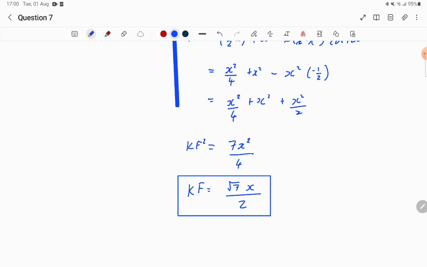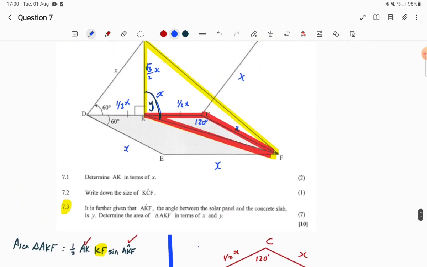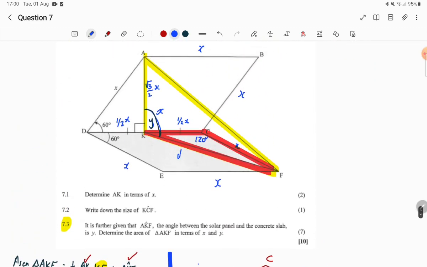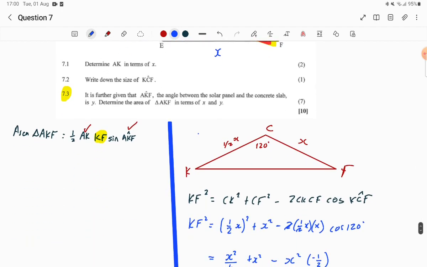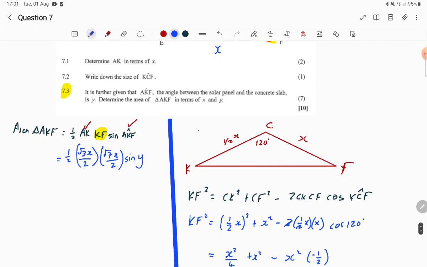As you can see, now we get KF in terms of x. Now we can take this answer and put it back onto our diagram. So this is root 7x divided by 2. Now we can go ahead and work out the area of triangle AKF. Let's sum in those values: half, and remember AK was root 3x over 2, KF is root 7x over 2, sine of y, because AKF was y.